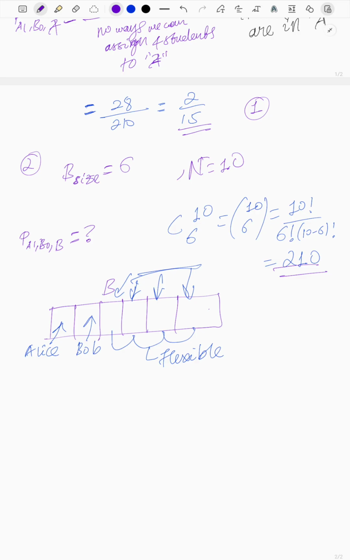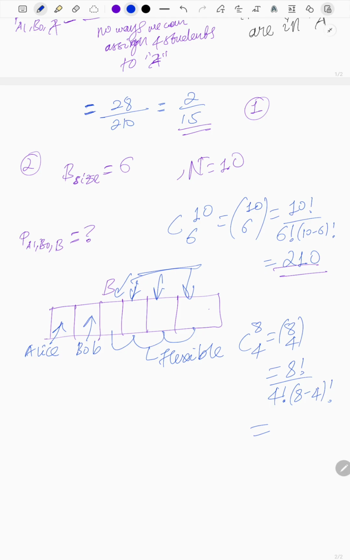So the formula is going to be 8 choose 4, 8 factorial over 4 factorial times (8 minus 4) factorial.